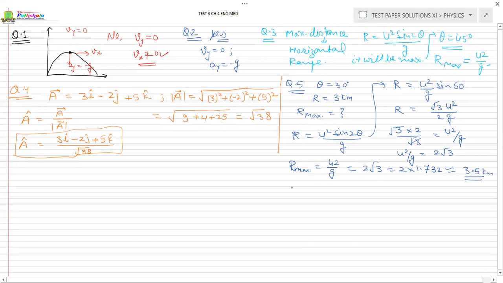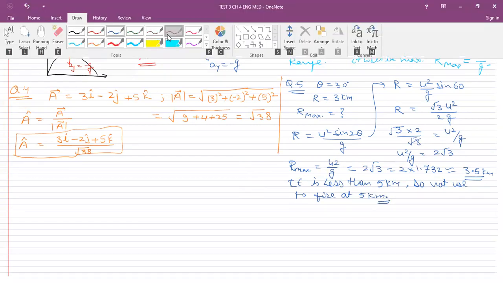So it is less than 5 kilometer. So what will be there? It cannot be used. So we cannot use it to fire at 5 kilometer. Correct? So this will be the answer.